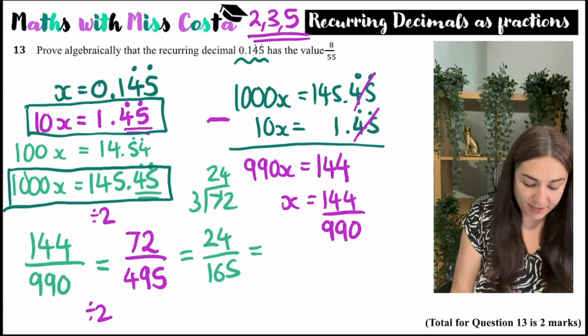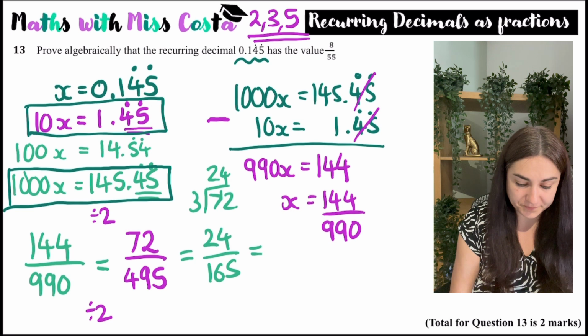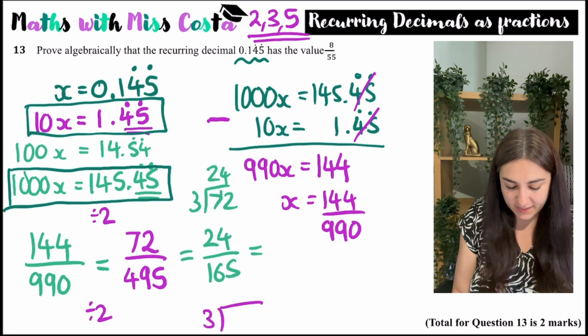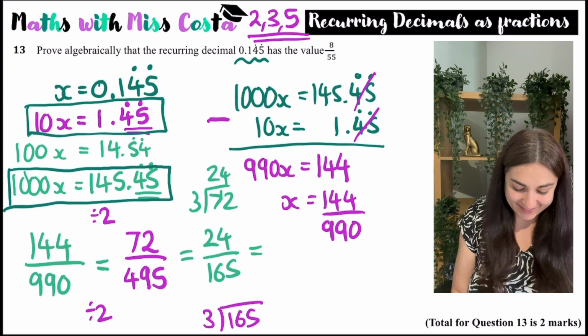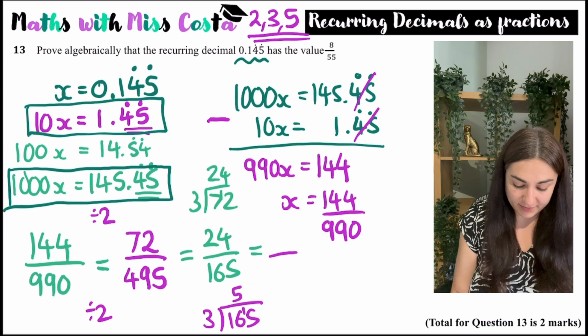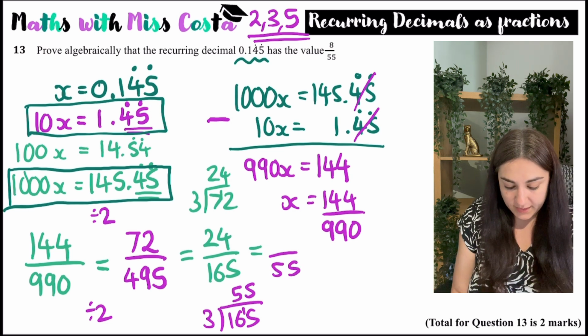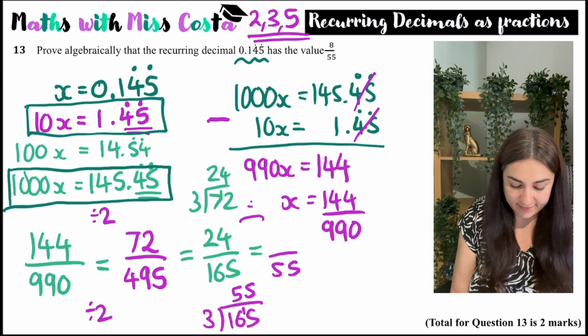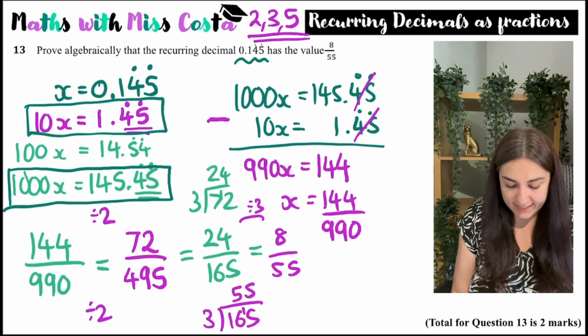Now, what can I divide by again? Well, 3 maybe. So 3's into 165 is 3's into 15 go 5 times, and 3's into 16 go 5. My goodness, what is going on with my mental maths? So that would be 55, and 24 divided by 3 is 8.